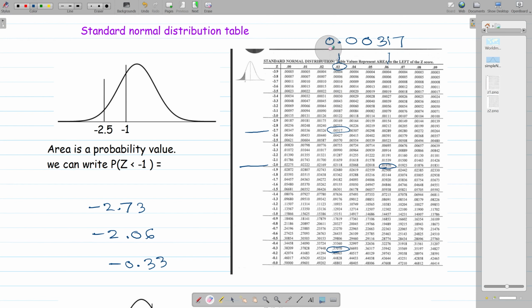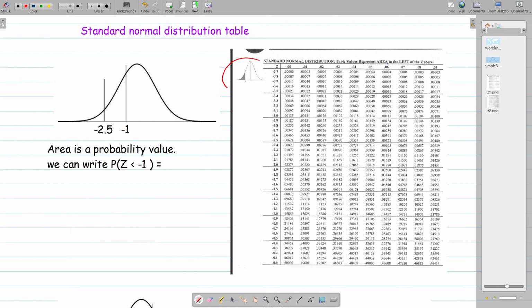Yes. Now, why have they told that area left to the Z-score? What does that mean? Can you see this symbol? You know that the horizontal axis shows the Z values. The middle is 0, the left side is negative values and the right side has positive values.